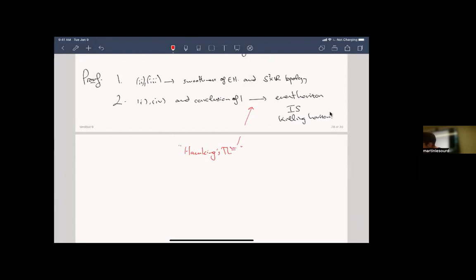What it tells you is that you have a null Killing field, which generates the event horizon.